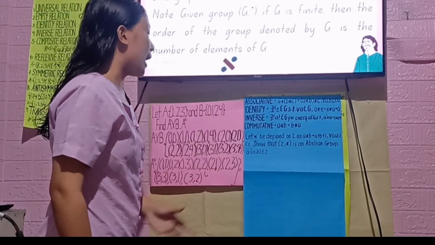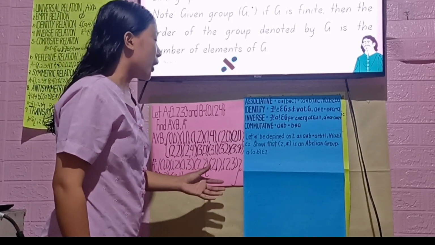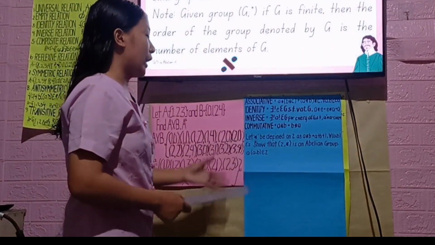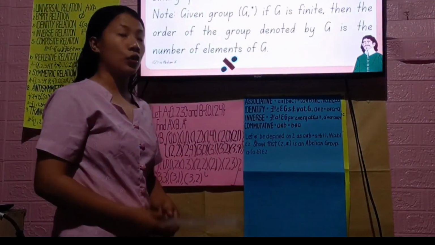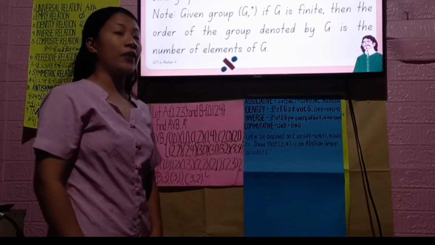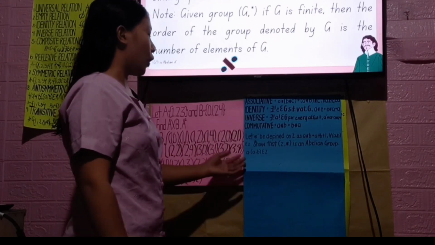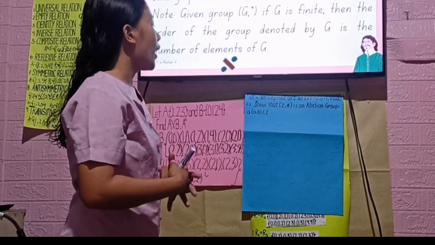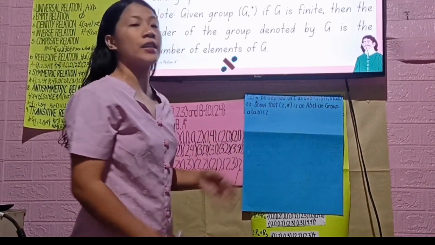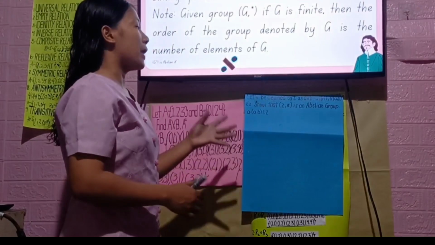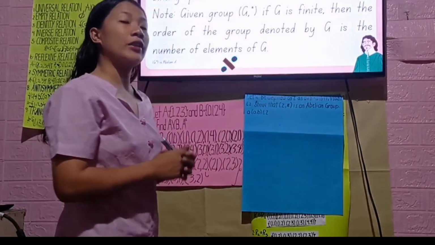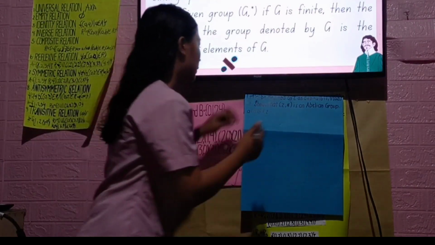By the definition, we know the procedure of proving whether it is an abelian group. So we need to prove that it is closed, associative, has an identity, has an inverse, and is commutative. First, we need to prove if it is closed.